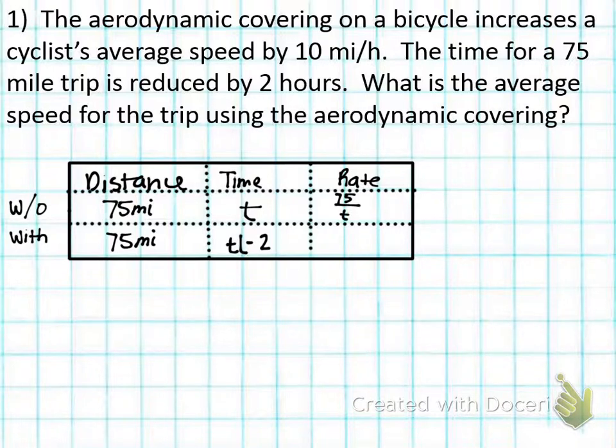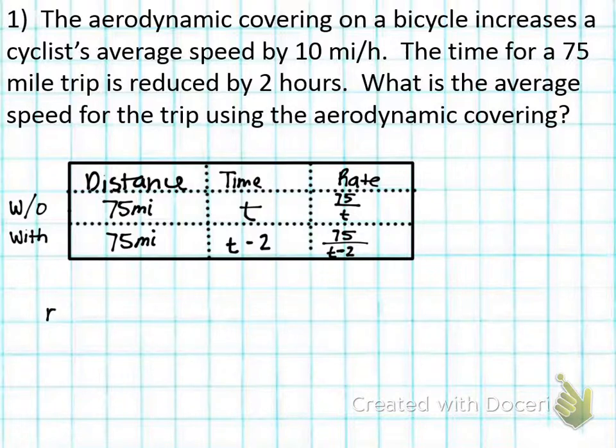So what's the rate for someone with the covering? What's their speed? What's the distance in the numerator? 75. Good. And what is the time that passes for the person with the covering? What did we say? T minus 2. Good. Well, we're just organizing the info, okay?